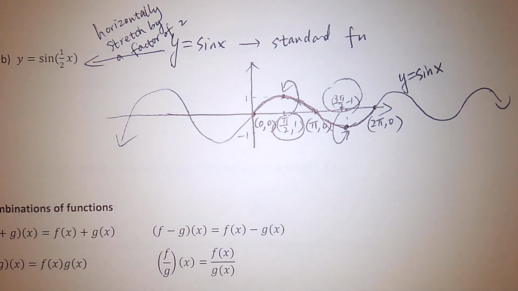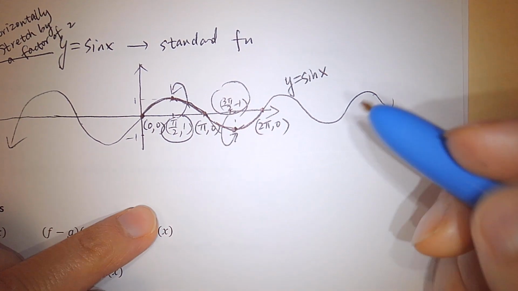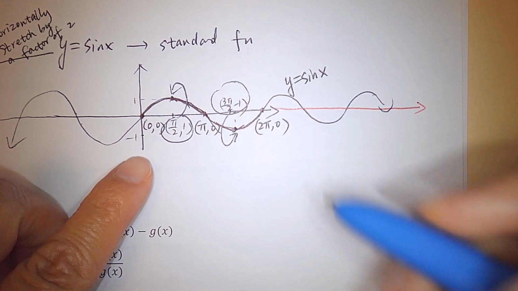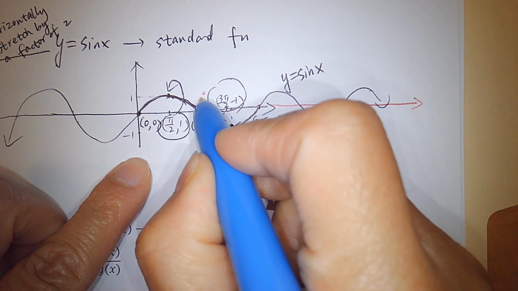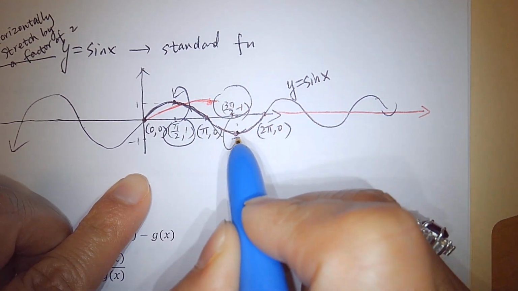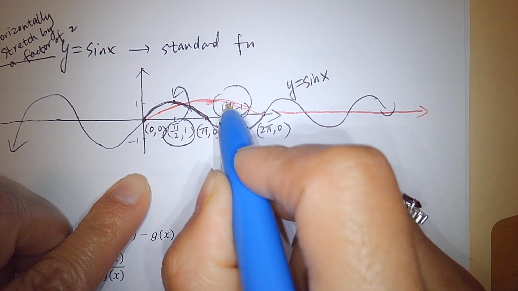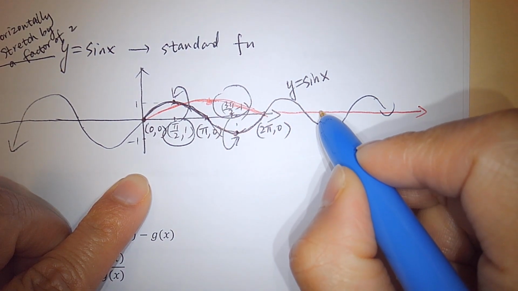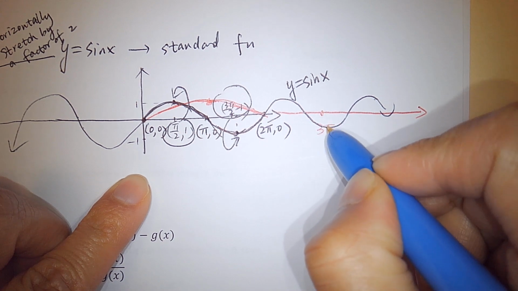Okay. New circle is going to be from 0 to 4 pi. So, guys, the graph looks like this. And then this is 3 pi.